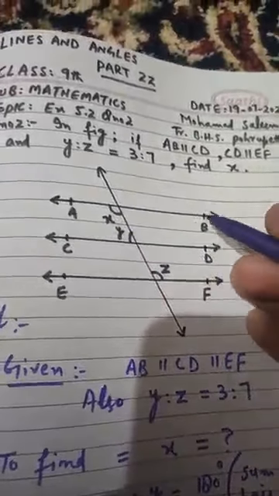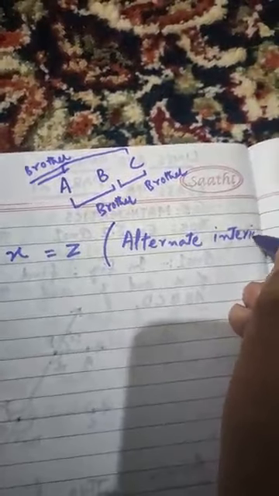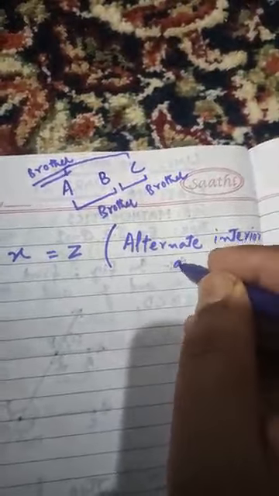So we can write x is equal to z, because these are a pair of alternate interior angles. Okay, this will be our second equation.